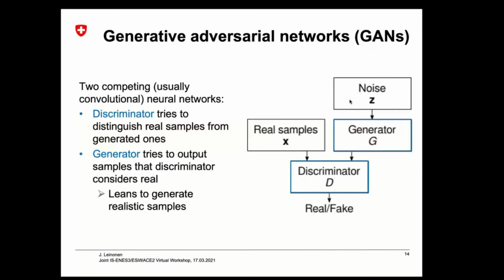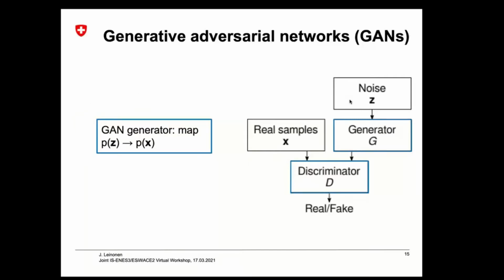It could be, for example, independent Gaussian random variables. And so we can see this generator as a kind of a map from the probability distribution of the noise to the probability distribution of the data.